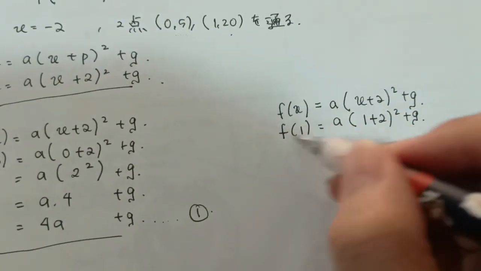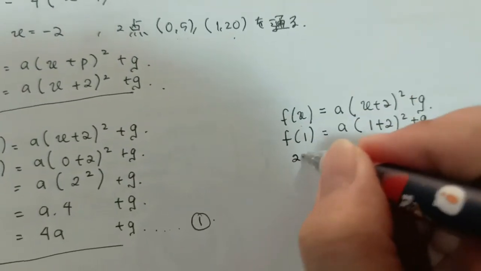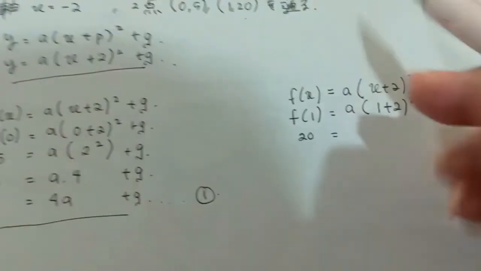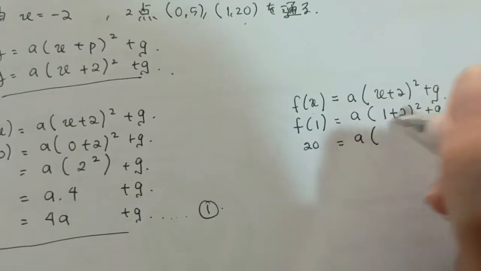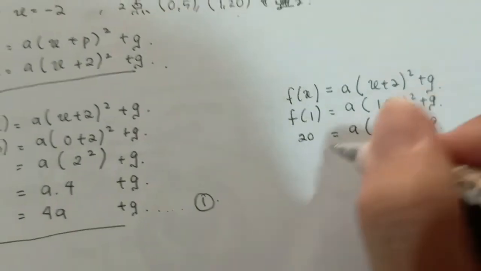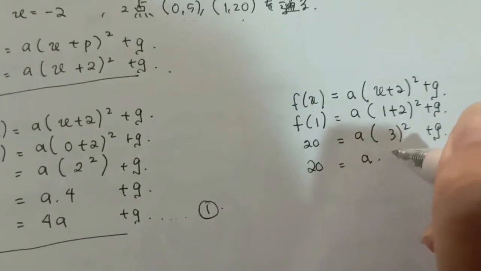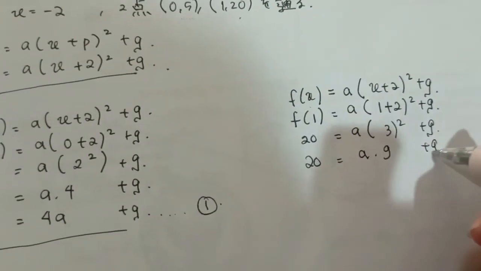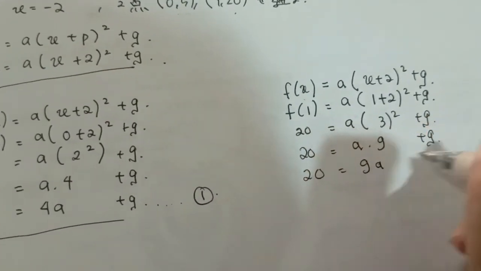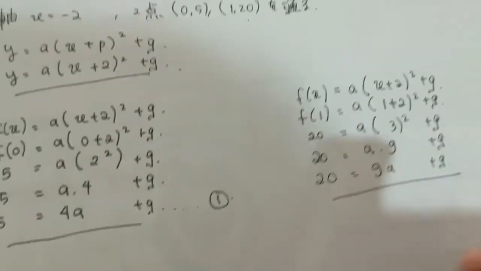The result of f(1) is 20, so we replace it with 20 over here because this is the y. a(1 + 2) is 3 quadrat plus q. 20 is equal to a multiply 9 plus q, so 20 is 9a + q. This is the second one.